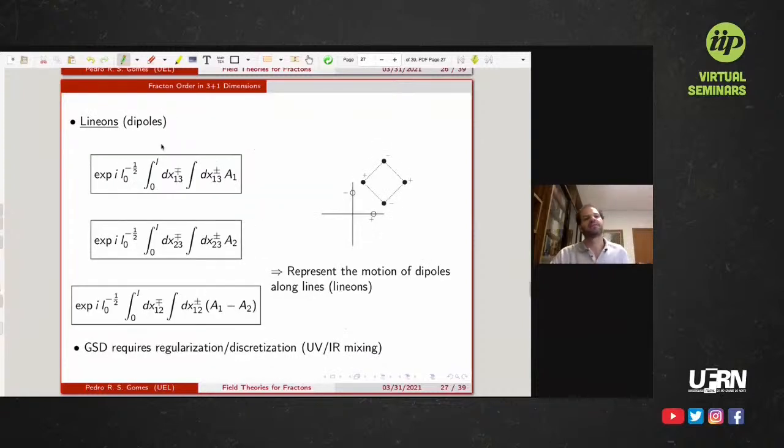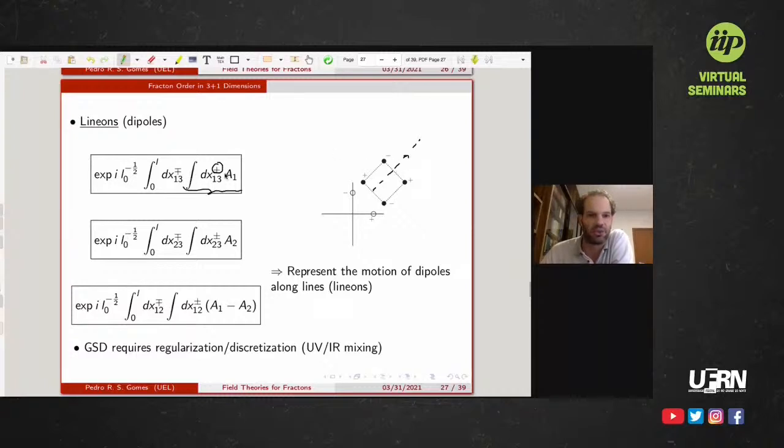The second type of line operators are these ones. So let's study, for example, this first example. This structure is gauge invariant. Let's consider, for example, one of the signs plus, right? This combination is gauge invariant, and you see that this line is along the diagonal. So this can be associated with the motion of the dipoles.